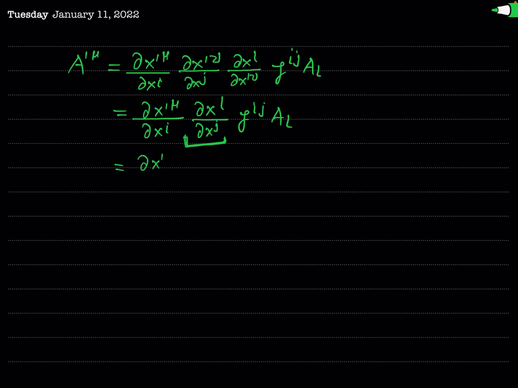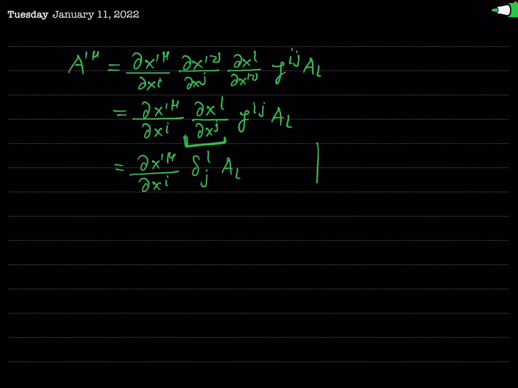So this is ∂x'^μ/∂x^i times Kronecker delta δ^l_j A_l.